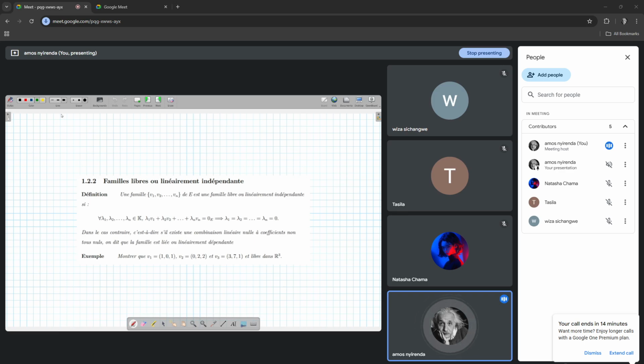At least in under 14 minutes, we can look at famille libre ou famille linéairement indépendante, which is also a concept that is extremely simple because we've already discussed une combinaison linéaire. We already know what that looks like. So let's look at the famille libre.